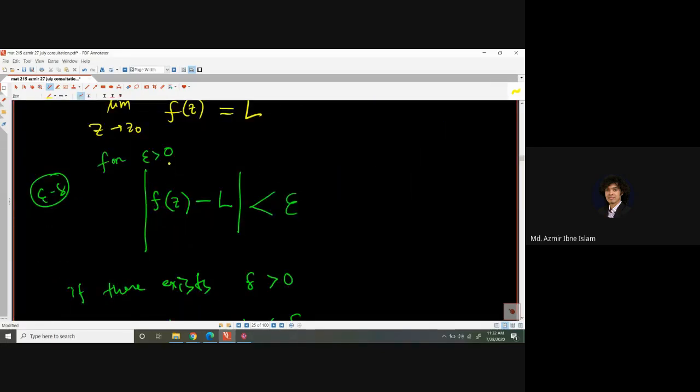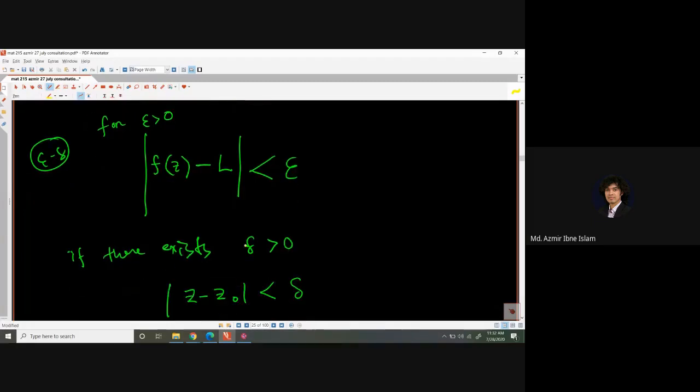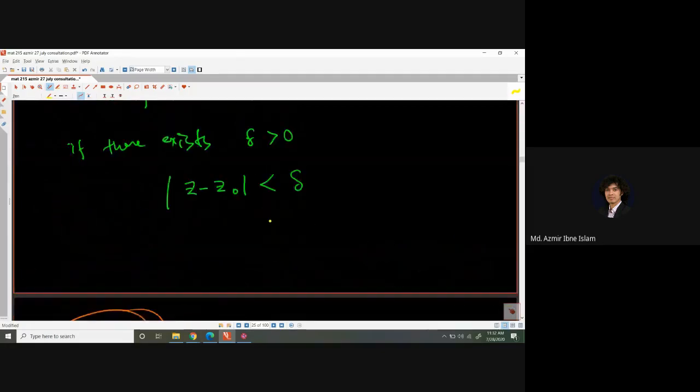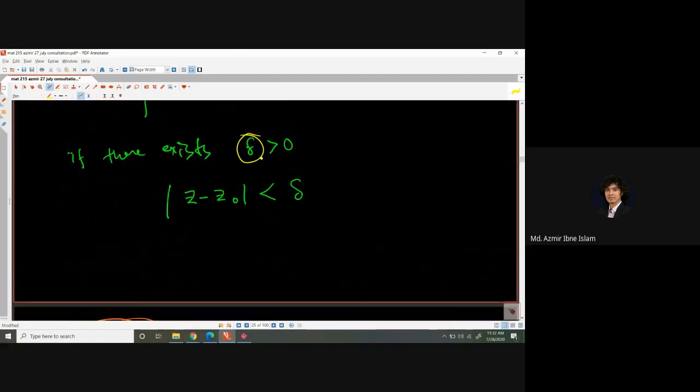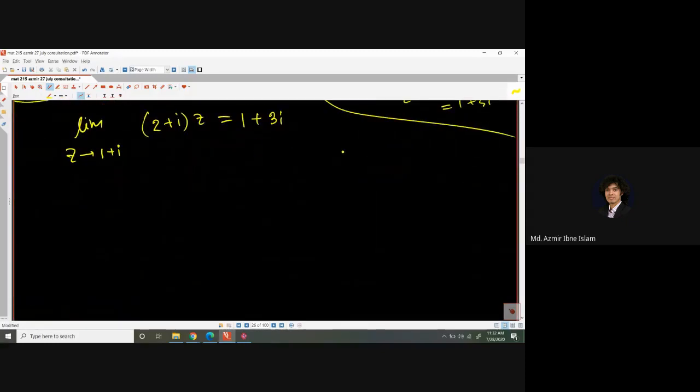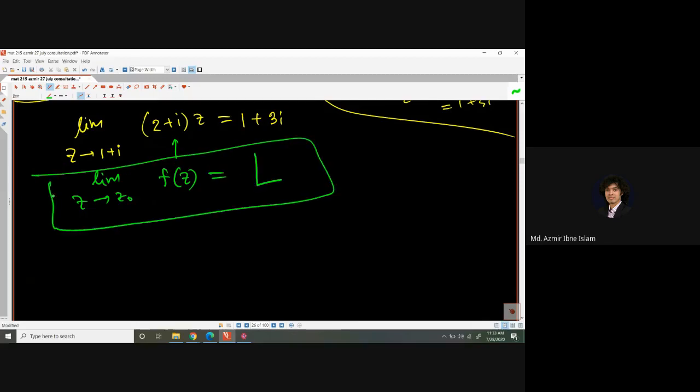For epsilon greater than 0, if there exists a delta greater than 0, we will have this condition. That means we need to find one delta. You will understand if we try to show this one. So first of all, can you figure out what is f of z? This is f of z, limit z tends to z naught, and this is L. We are just comparing with the main definition of limit.